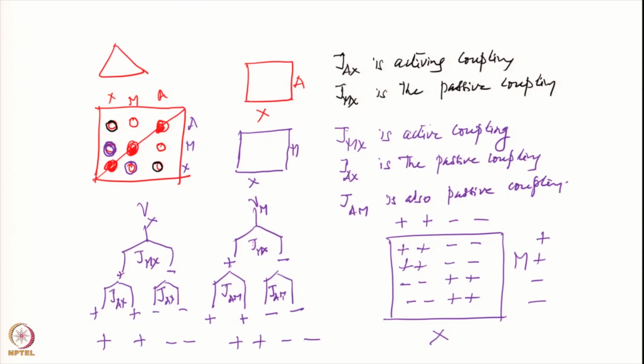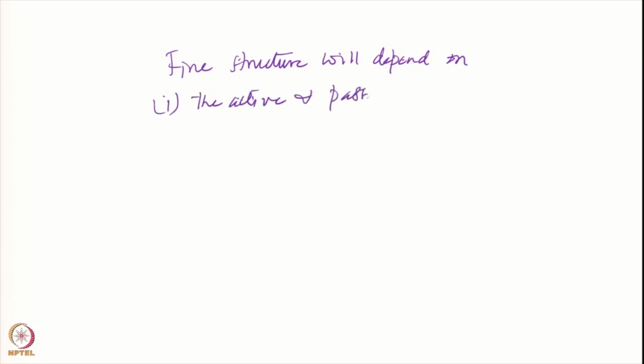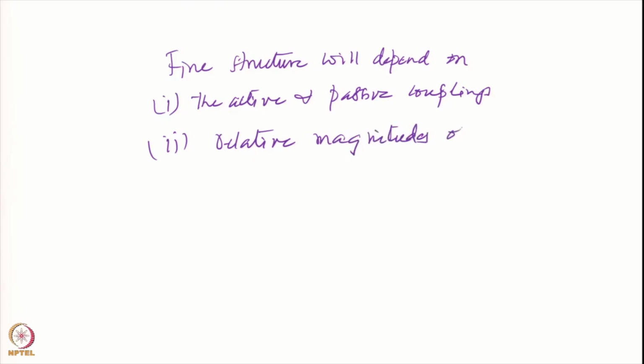Okay. The fine structure will depend on one, the active and passive couplings, and two, the relative magnitudes of the active and passive couplings.